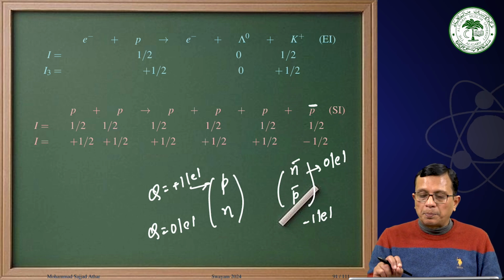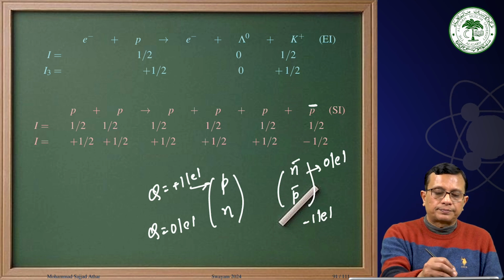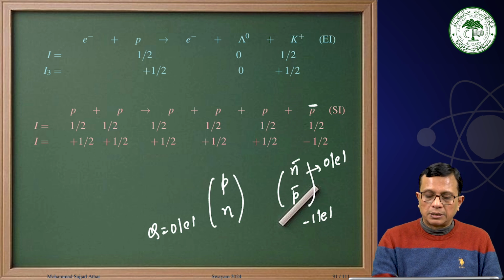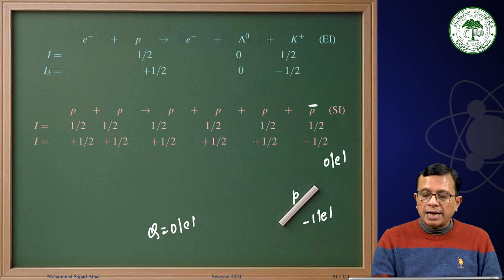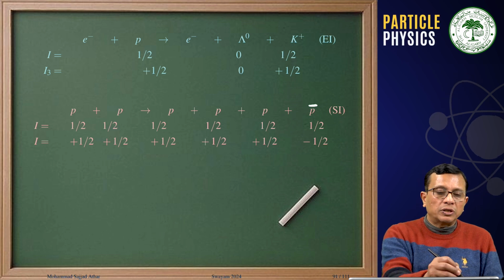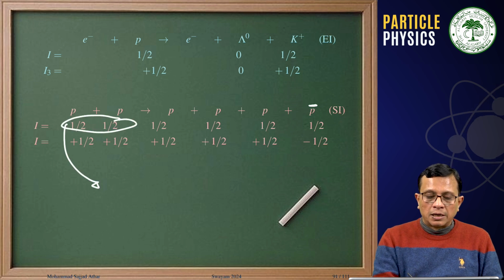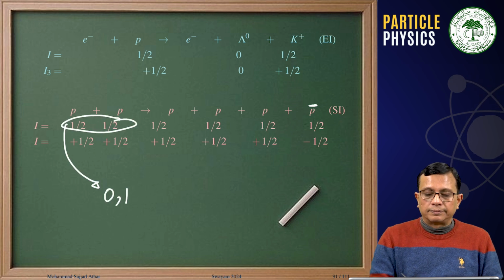And the other important point to discuss is the following. See here on the right hand side, I is half for one proton, I is half for another proton. Therefore, the total I that I have from here is 0 or 1.